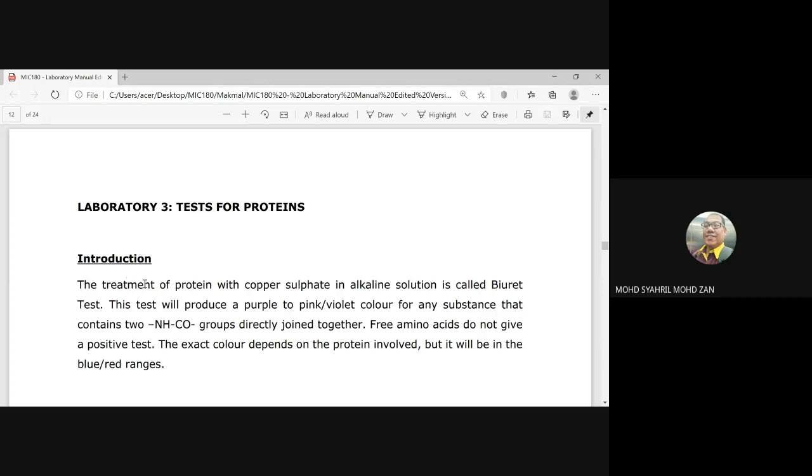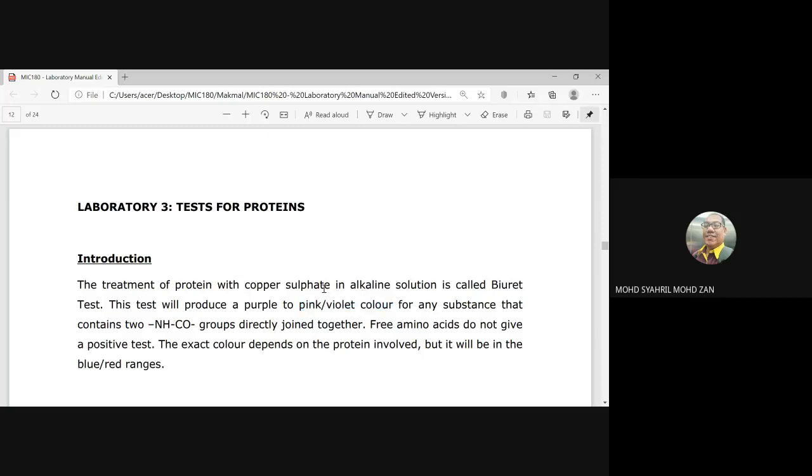All right, so introduction: the treatment of protein with copper sulfate in alkaline solution is called Biuret. The test will produce a purple to pink violet color because of the presence of copper sulfate.